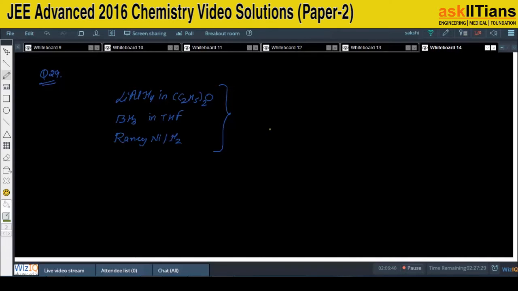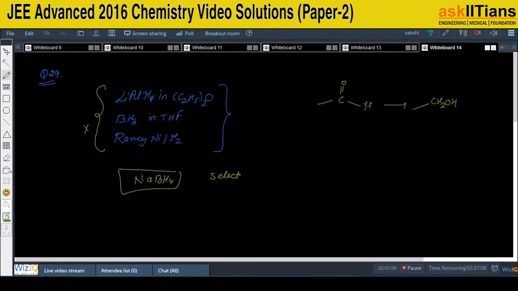I told you that there is only one particular group, CHO, which I want to be reduced to CH2OH. If I keep all these aside and take NaBH4, this is a very, very good example of a selective reducing agent.